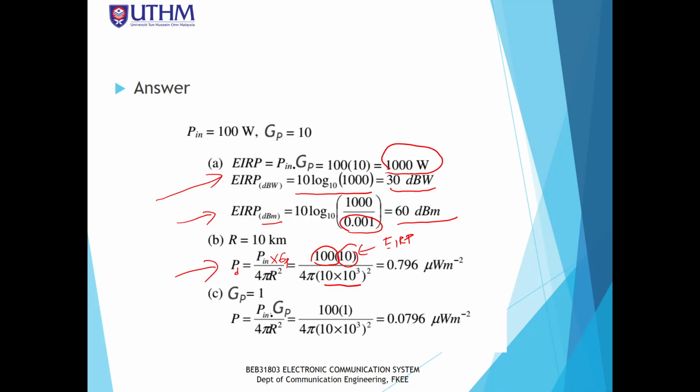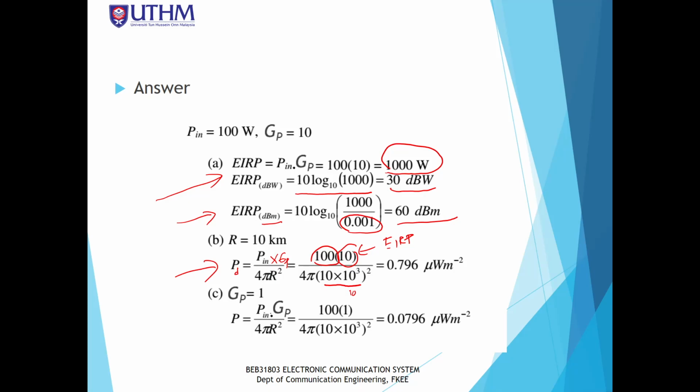Remember that. A common mistake by students is to put kilometer, which is wrong. If you put 10 only, your answer will be wrong. Be careful, students. The unit for distance r in this topic is meter.